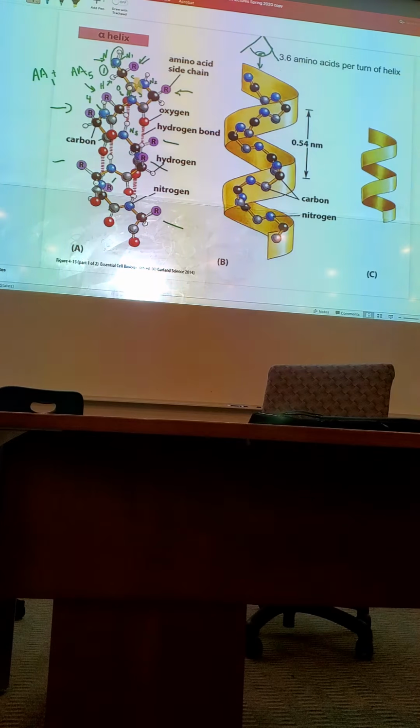So if you were looking down the length of the helix, the R groups would be out here, like spokes on a tire, I guess. There'd be some facing us too, and some into the board, but there's none of them tucked inside the helix. They're all outside.